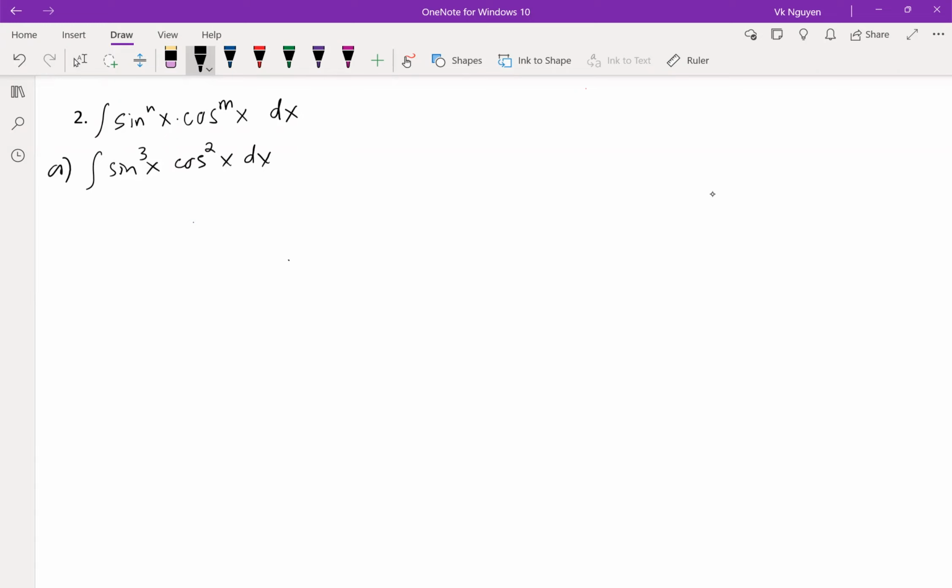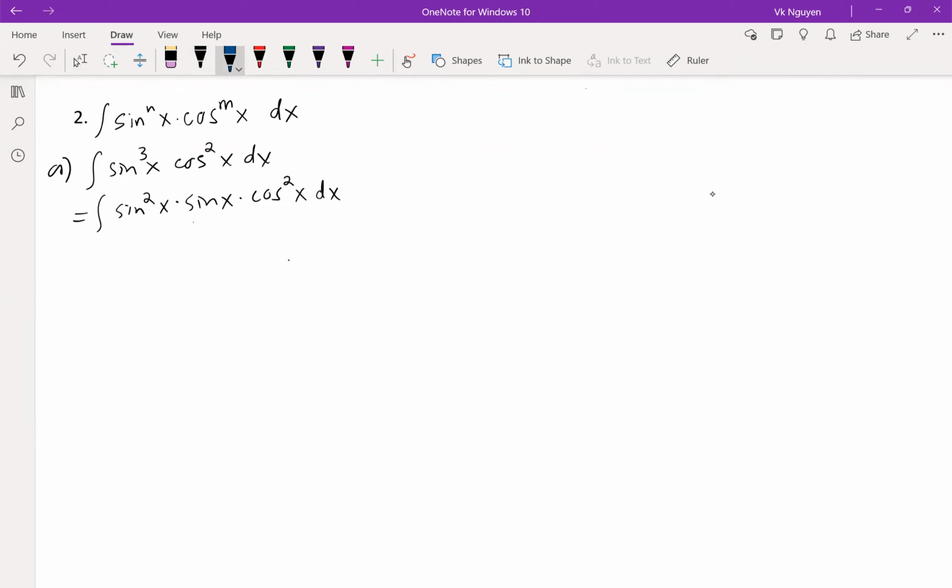Notice that we can only use the identity if the exponents of sine and cosine are even. So we can write sine cubed x as sine square x times sine x, times cosine square x dx.